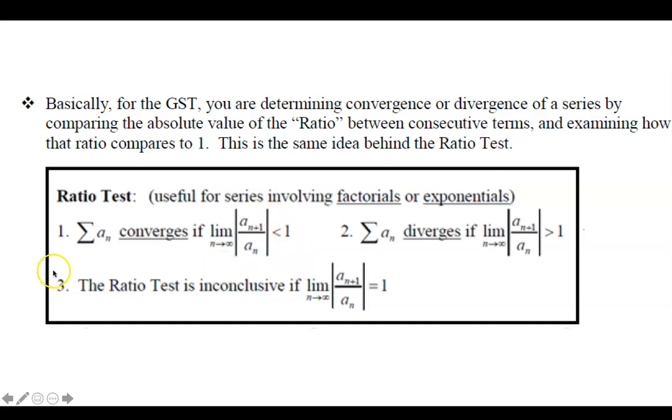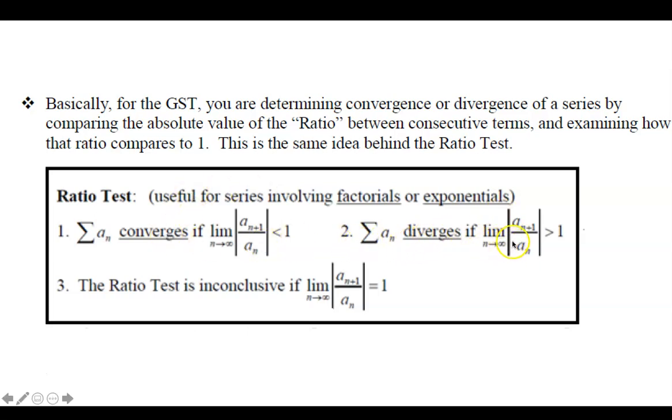Well, that's not what we have here. I have my new term divided by the previous term being less than 1. It means your terms are getting smaller and smaller, which will get small enough that you're basically adding 0 and it will converge.